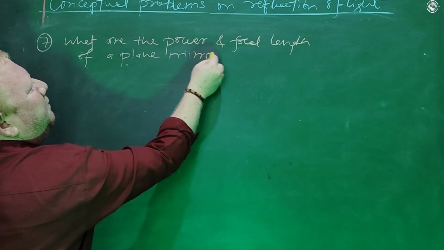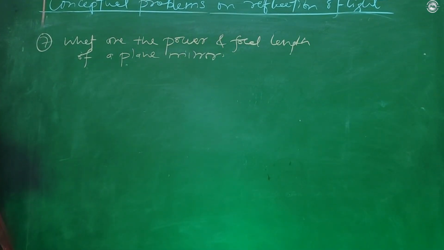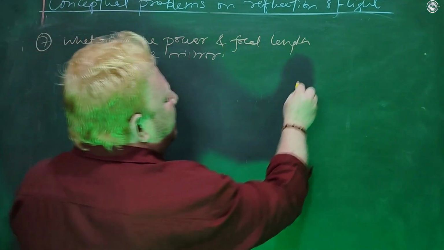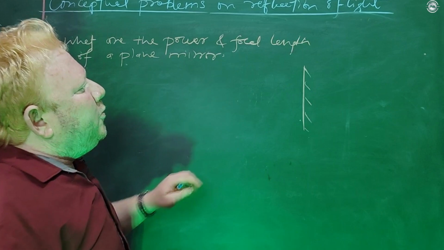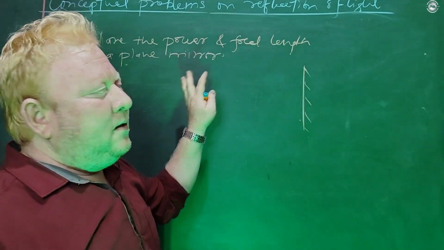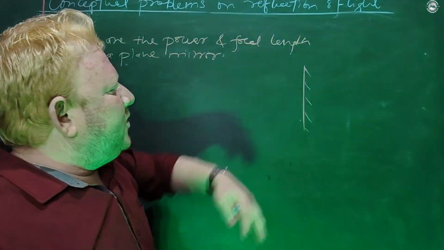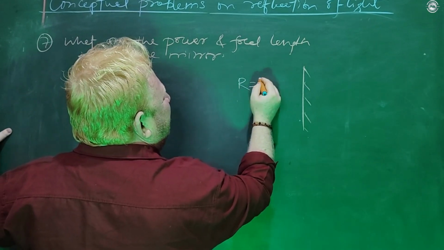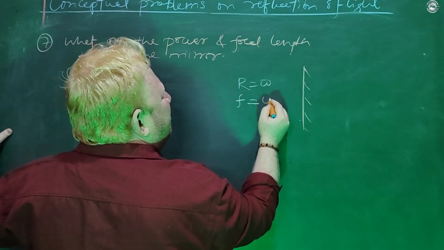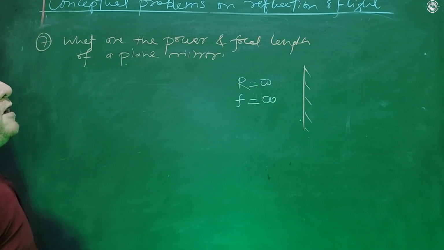तो आइए समझते हैं प्लेन मिरर की पावर और फोकल लेंथ. So this is the mirror you have, plane mirror. Okay, so you know a plane mirror has infinite curvature, so that means r equals infinity. Obviously f will also be infinite because f is equal to r by 2.